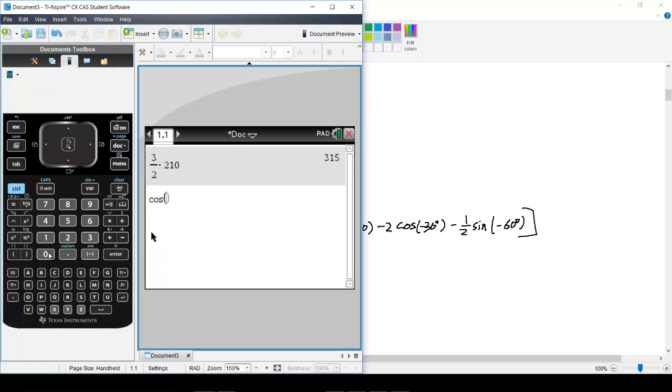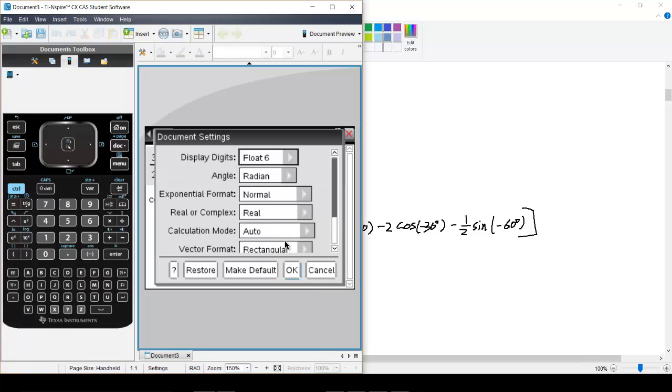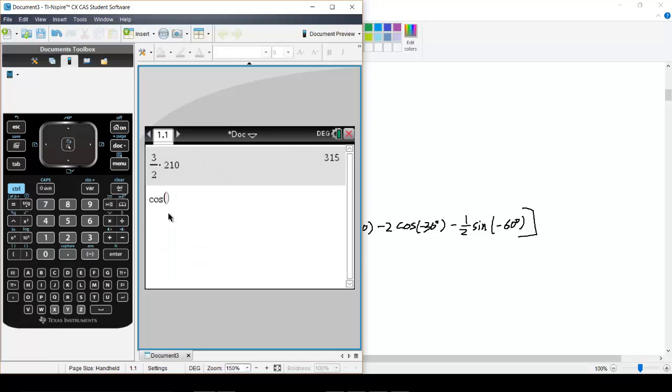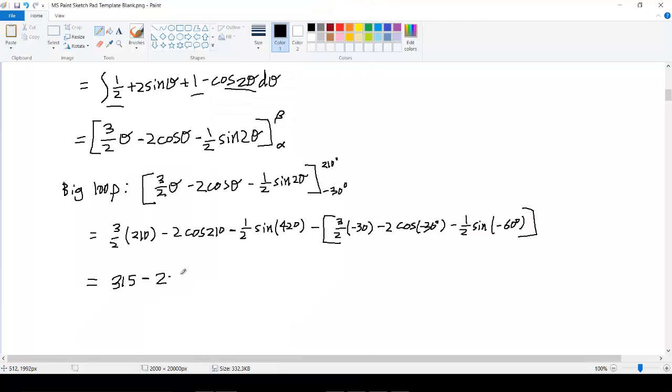The only thing you have to be careful about doing it this way is to make sure that your calculator is set to degree mode, and I almost made that mistake. So the cosine of 210 is minus root 3 over 2.